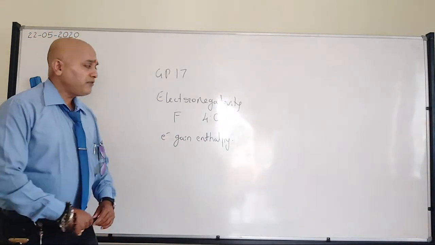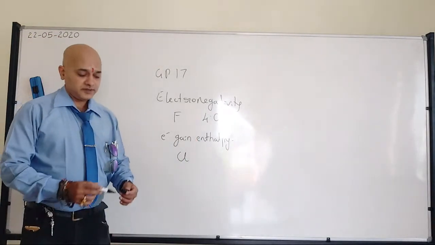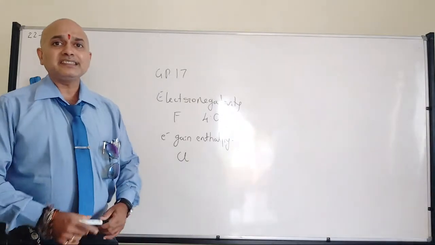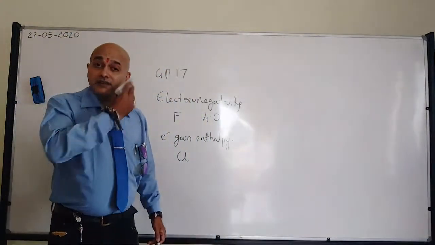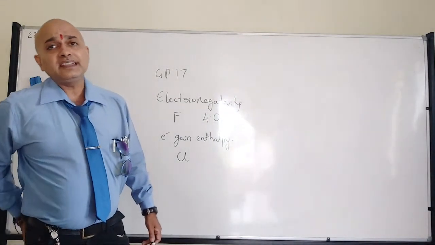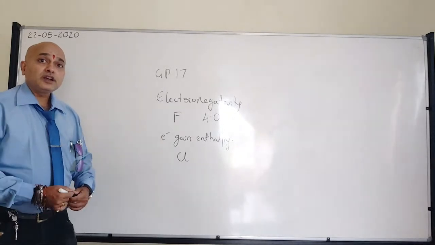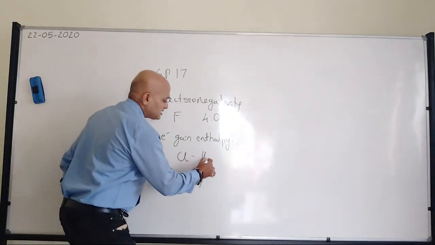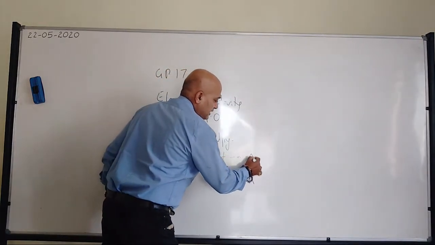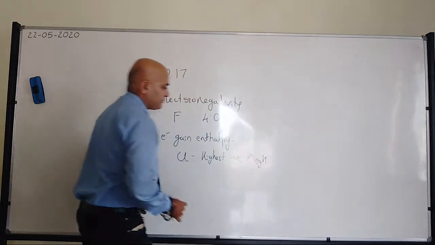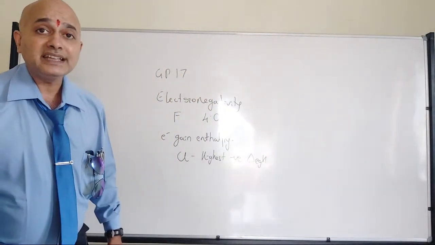Fine? Now when it comes to electron gain enthalpy, chlorine is going to dominate. When you consider the electron gain enthalpy value, chlorine will have the highest negative electron gain enthalpy value.